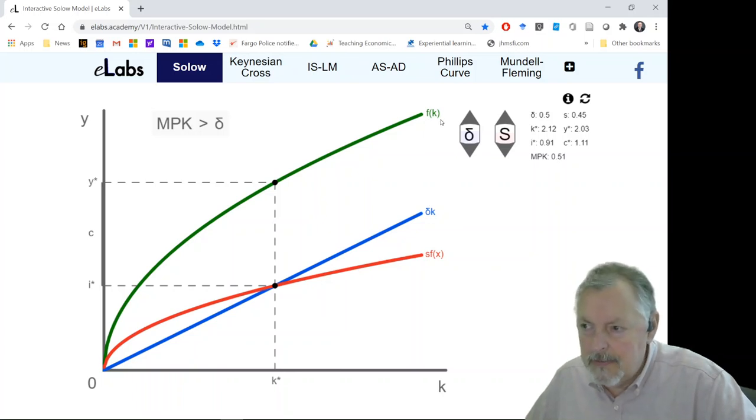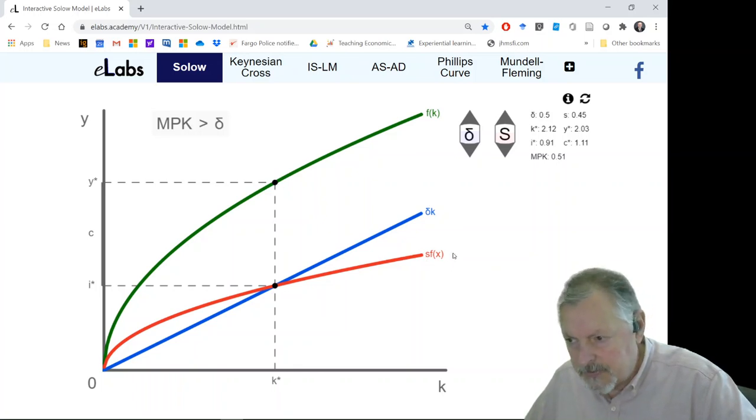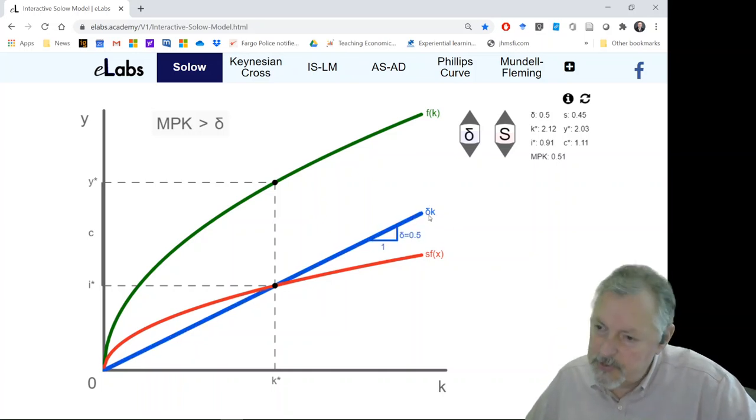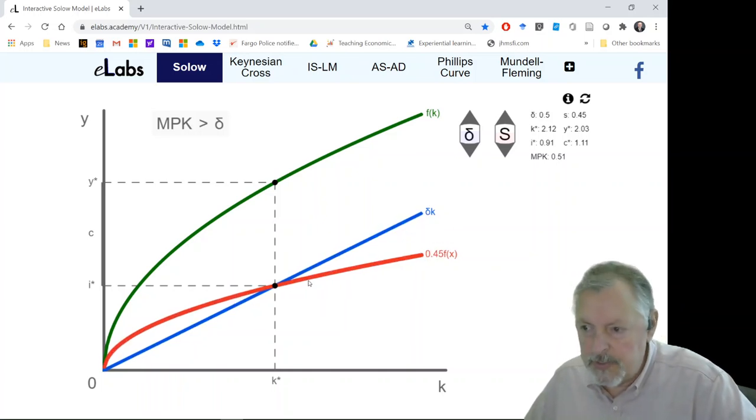F of K, this is total output per worker here. Savings rate is S, so this red line is capital accumulation per worker per time period. And this is the amount of capital times the depreciation rate. So red is what you're gaining, blue is what you're losing.